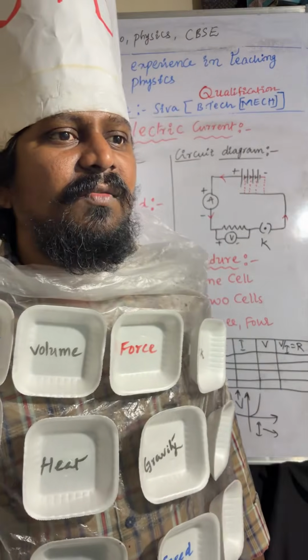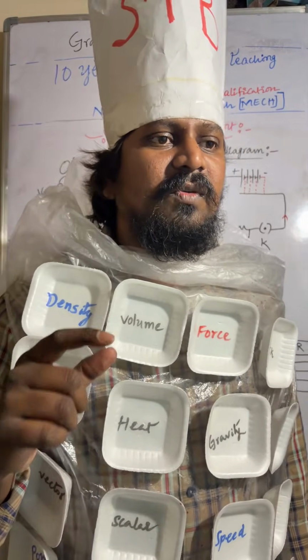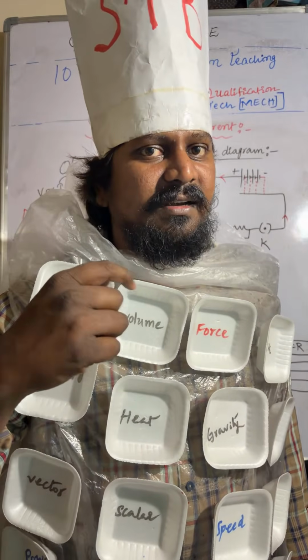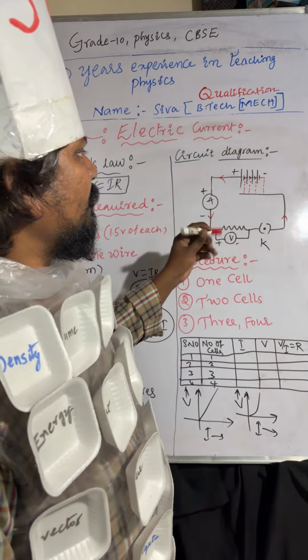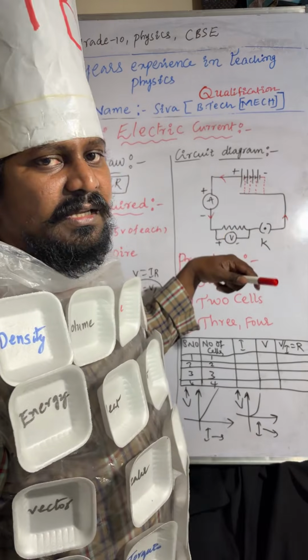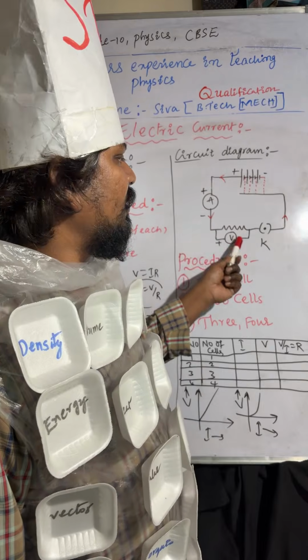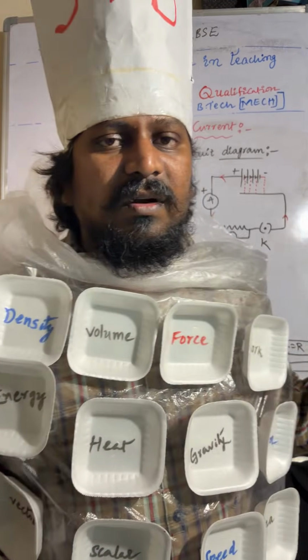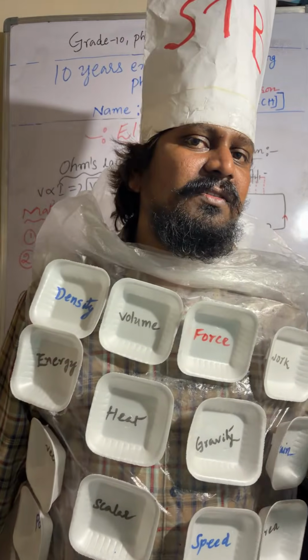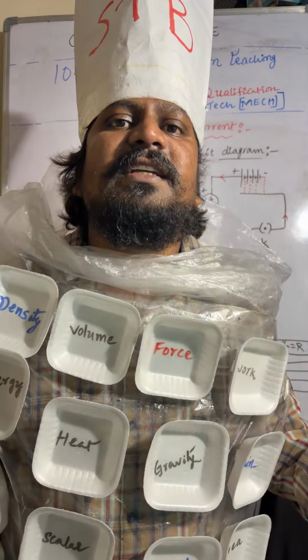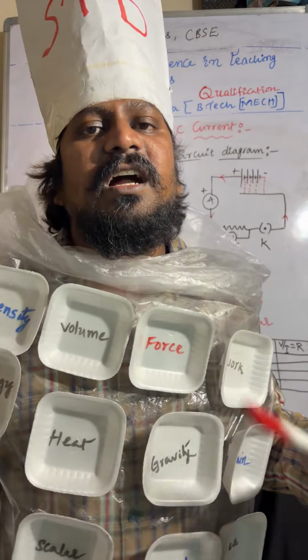So point number 1, why is the graph linear? Here we are starting with the first cell, right? Before connecting the first cell, ammeter reading and voltmeter reading are 0. When you connect the first cell, the reading starts showing.